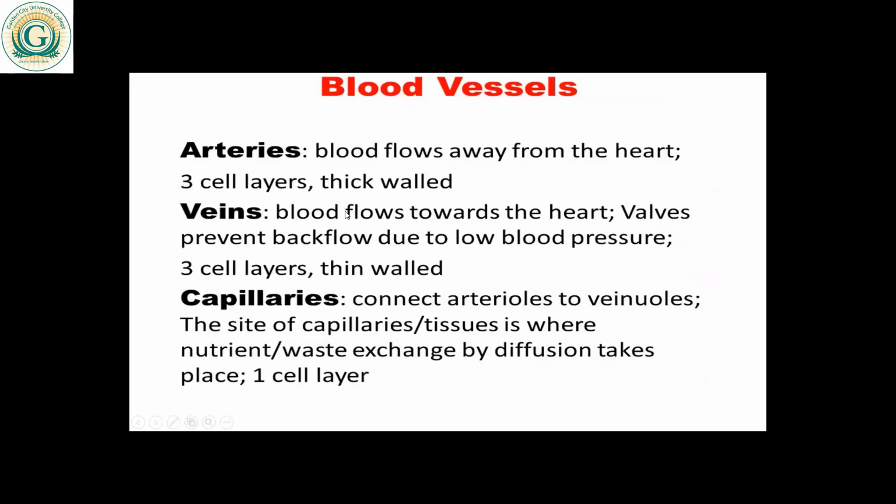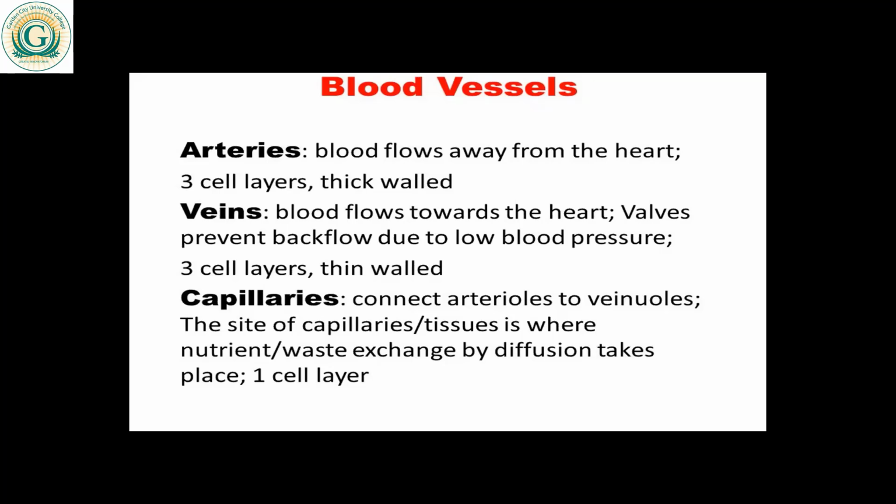We have blood vessels. Blood vessels are channels through which blood moves from the heart to every part of the body. And we have arteries, veins, and capillaries. Arteries carry oxygenated blood from the heart to every part of the body. And then veins carry deoxygenated blood from every part of the body back to the heart.